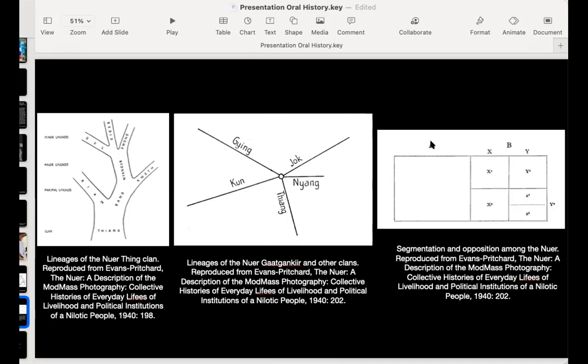Therefore, in this last diagram, he tries to represent this dynamic as composed of scalable units of fission and fusion. When, for example, Z1 fights Z2, no other section is involved. But when Y1 fights X1, in this case Y2 also fights with X2 and so on.